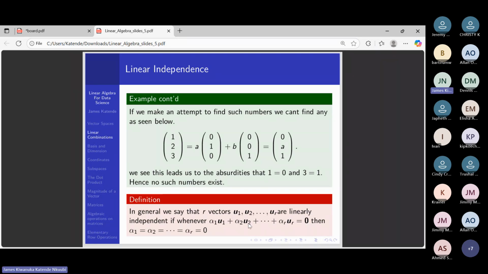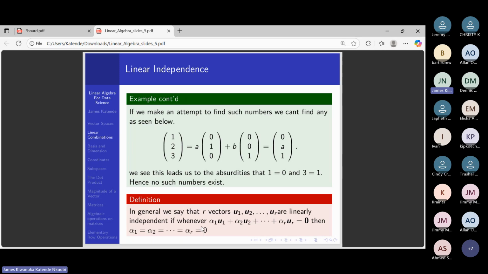So we'll look at the general definition now of linear independence. If you have R vectors, U1 up to UR, we'll say they are linearly independent if the only way that this linear combination can equal 0 is if all the scalars are 0.